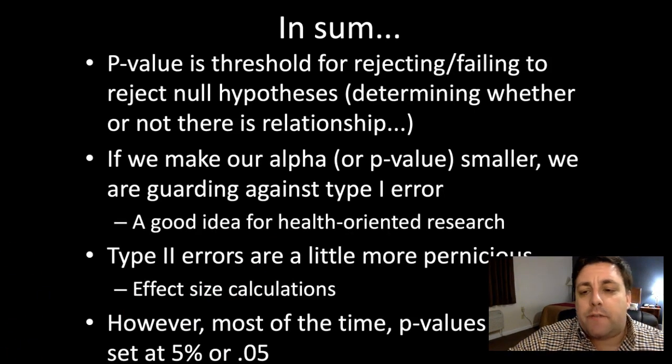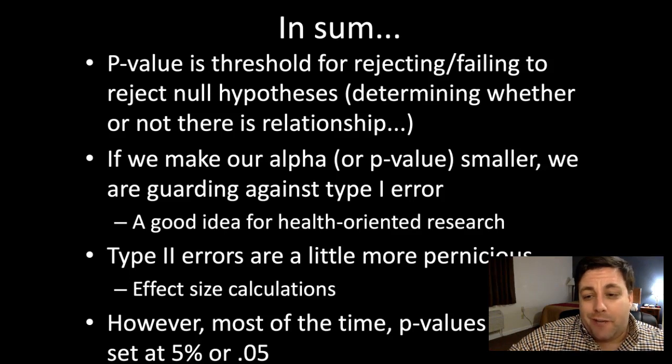So here's one of these summary slides that I keep talking about. A p-value, which is also known as an alpha value, is really just a threshold for rejecting or failing to reject the null hypothesis. Another way to say that would be that the p-value is simply the threshold we're going to use to determine whether or not there is a relationship between two variables.